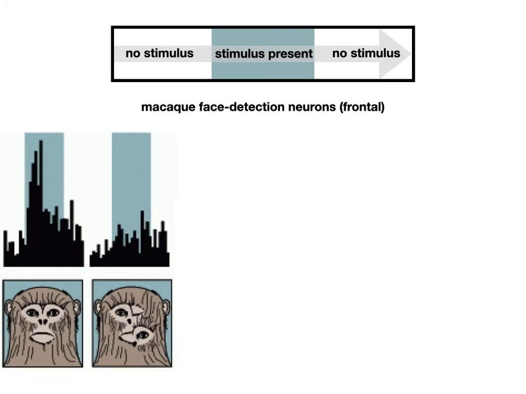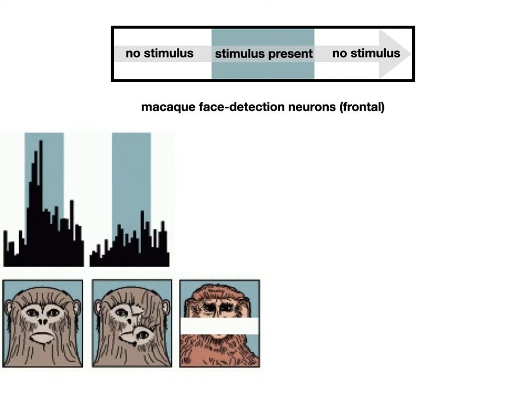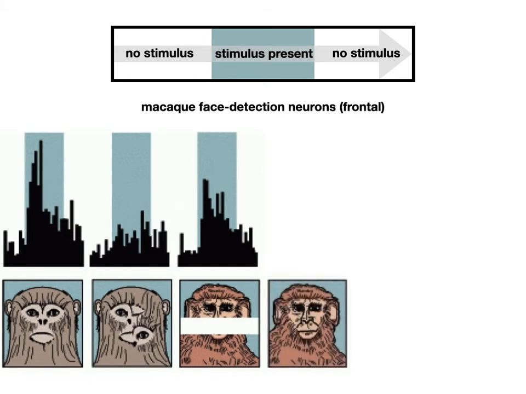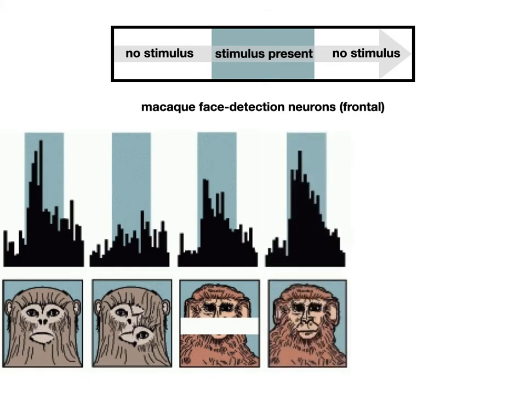Now, to show an interesting difference here, if I just strip out some part of the face but leave the overall pattern intact, well, we get a little bit of activation back. If I restore the face, we get even more activation back.